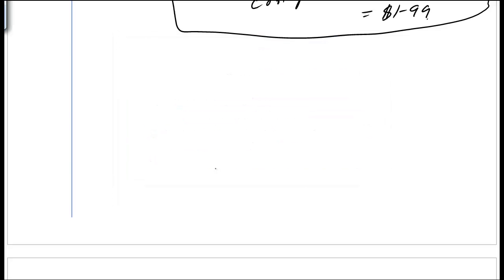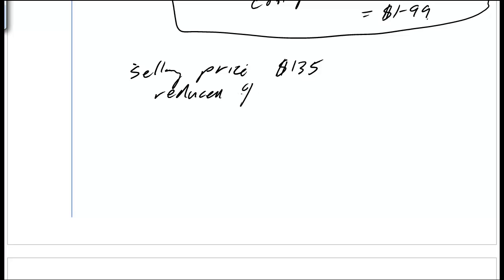So the selling price is $135, but that's after it's been reduced by 20%. So we want to work out what the original price was.